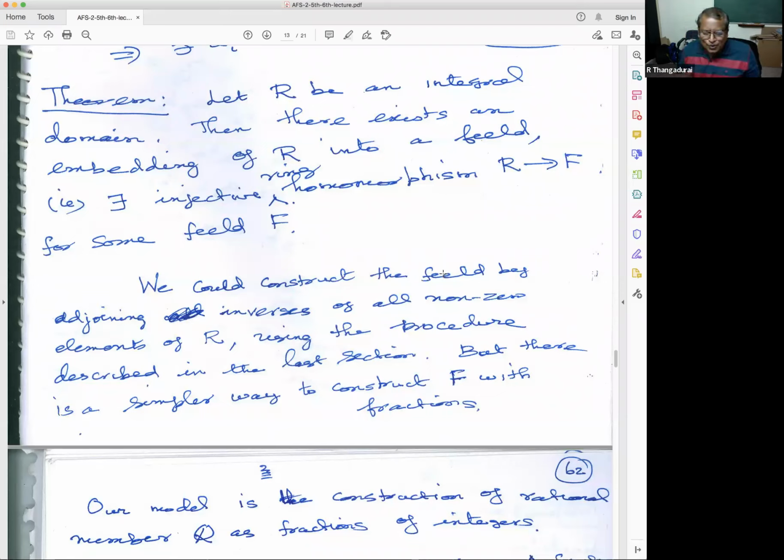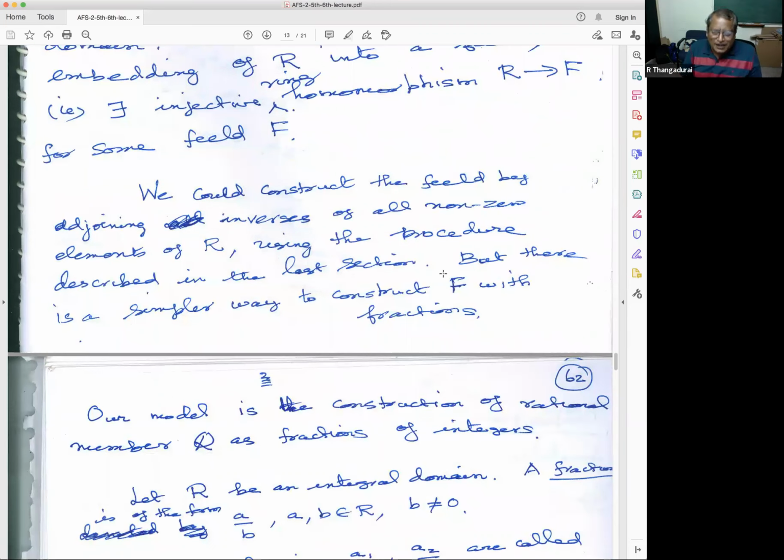First you consider R[alpha1 inverse], then R[alpha1 inverse, alpha2 inverse], etc. You keep on adjoining all the inverses, and you can hope to get a field. That is one way to do it.